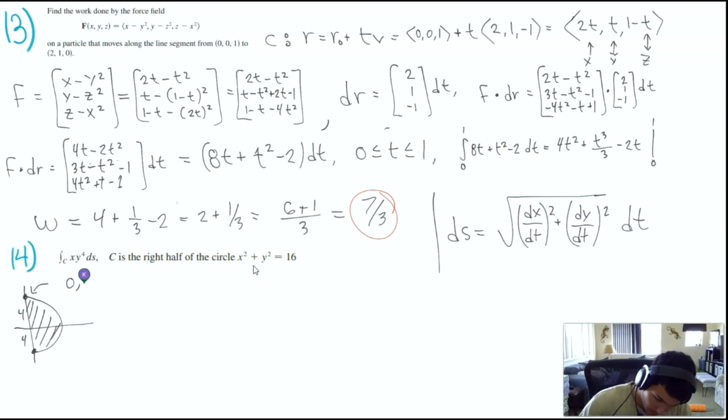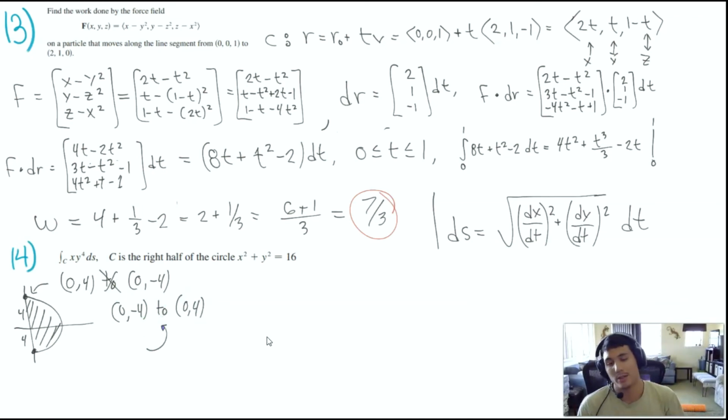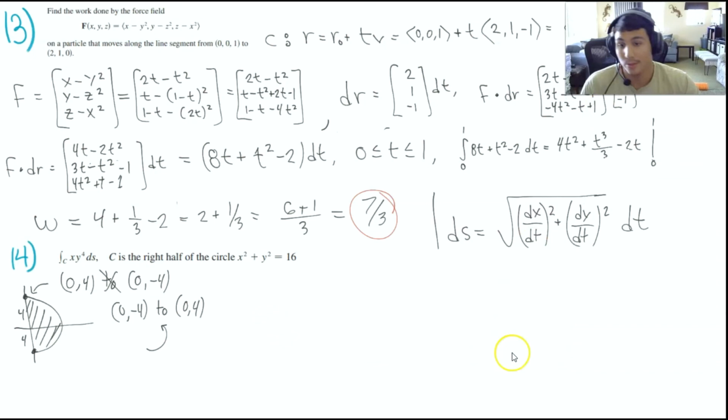So this is 0, 4 to, not 4, 0, 0, negative 4. Okay. Yeah, minor mistake real quick. Let's not say 2. It's actually 0, negative 4 to 0, 4. And that's if we're assuming counterclockwise is the positive direction, which is usually what we always do for problems, right? We're going counterclockwise.